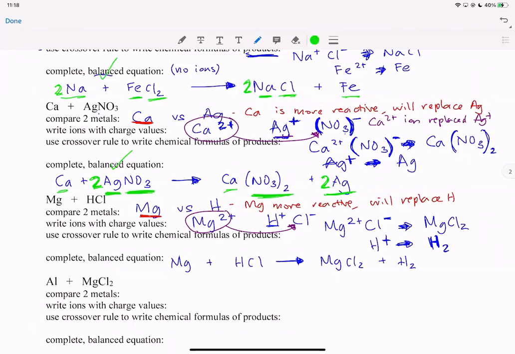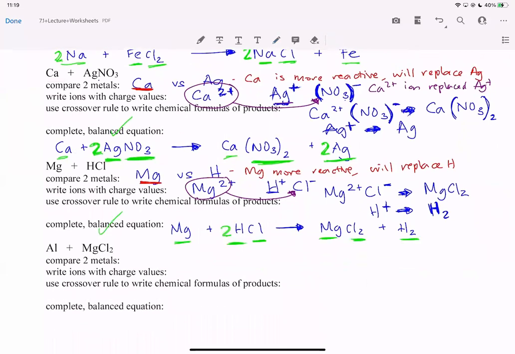So I can see that there's 2 chlorines. So to have 2 chlorines on this reactant side, I need to put a coefficient 2 in front of HCl. This 2 also affects the number of hydrogens, which is good because there's a subscript 2 on the product side, H2. So that balances the hydrogens and the chlorines, and the magnesiums are already balanced with the element symbols. So this is balanced and you're set there.